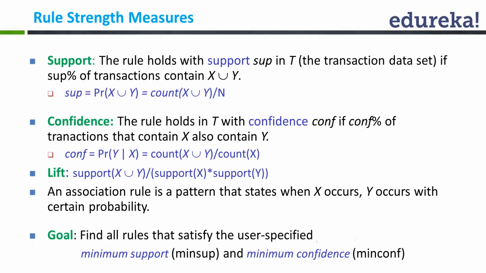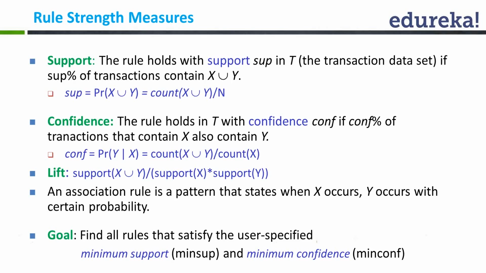That means whenever I buy bread, I also buy an iPhone. But that rule may not make sense at all, right? So I need some notion of confidence or importance for a particular rule, so that I can say this rule makes more sense than something else.